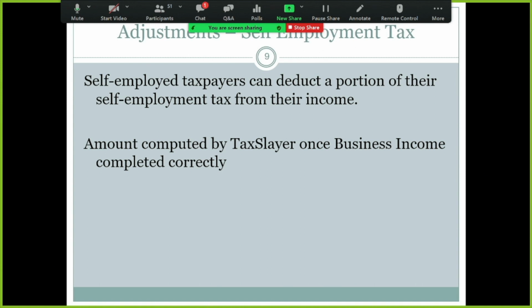And they can deduct a portion of their self-employment tax from their income. You don't have to worry about this because TaxSlayer will automatically compute that amount based on the business income that's completed correctly.